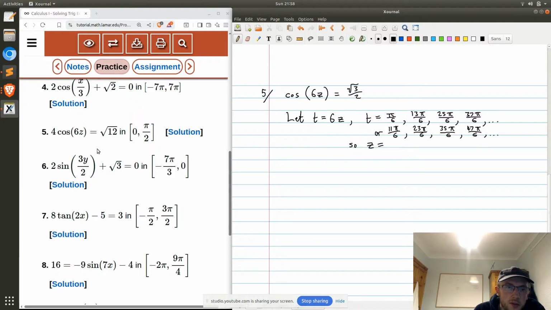And then we have to stop when we exceed pi over 2, so when we exceed 18 pi over 36.